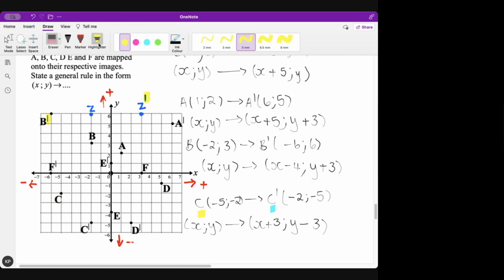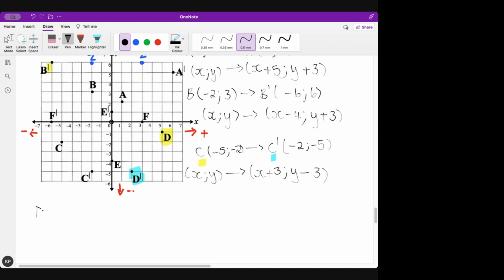Great. Let's go for D and D prime. Okay, coordinates for D, please. That would be our yellow coordinates. Let's see the yellow coordinates, which is this one over here.